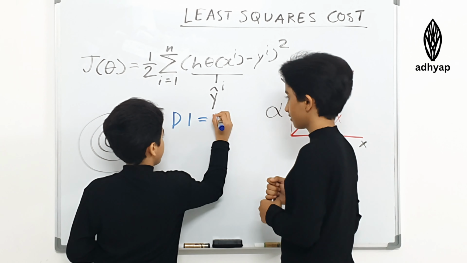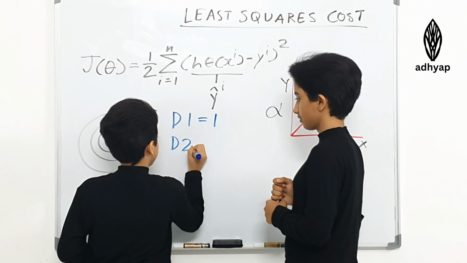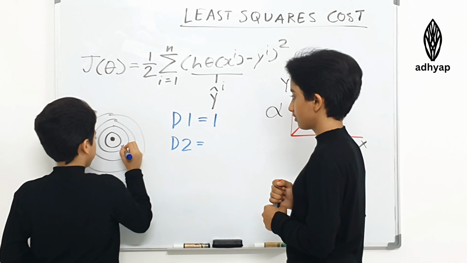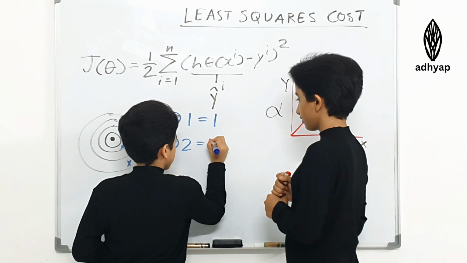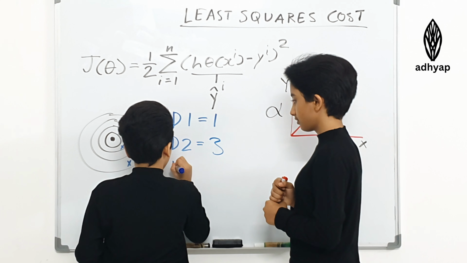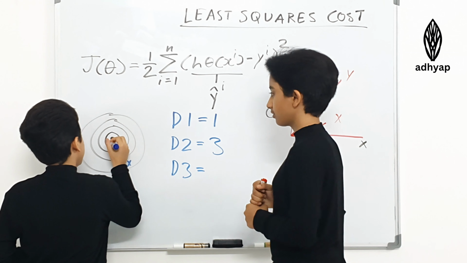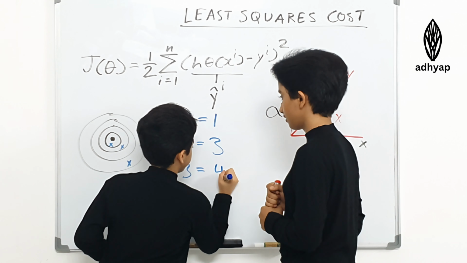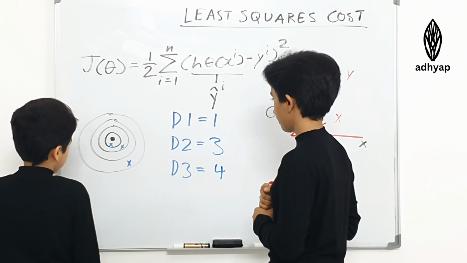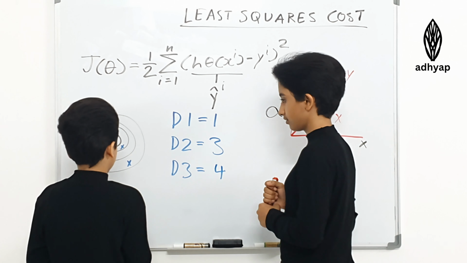So this will become D1 and this will become D2, which will be, let's say, maybe better. It reached our 3rd ring. So this is our 3rd ring. And D3, even better than that. And it reached the 4th ring. And the 5th one is our bullseye. So now we got these values. So these are our positions.